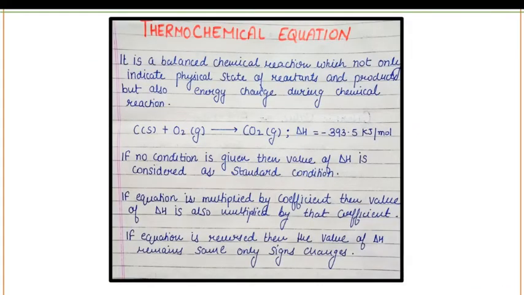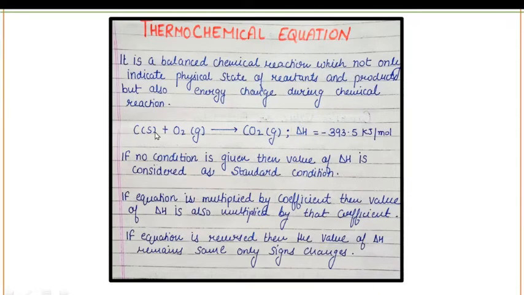Our today's number 1 topic is thermochemical equation. What is a thermochemical equation? A thermochemical equation is a balanced chemical reaction which not only indicates the physical state of reactant and product but also tells us about the energy change related to the chemical reaction.